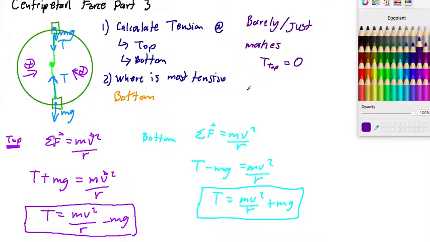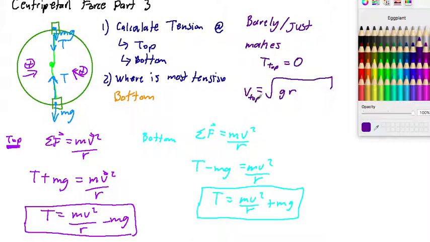Then if you do the math, your minimum velocity at which you can cross a circle at the top has to be the square root of gr. I'm just giving you the formulas so you can plug and chug, because you don't need to know the derivations for non-calculus physics.